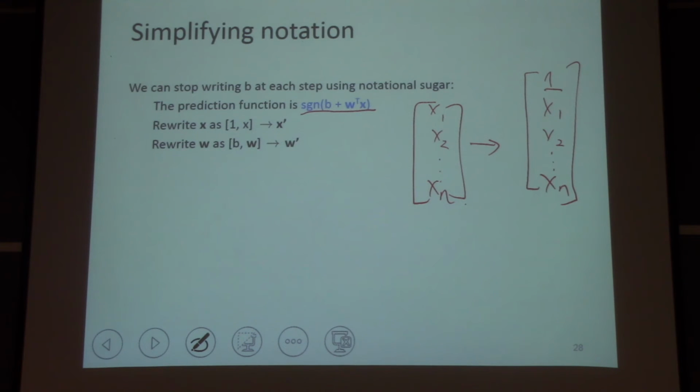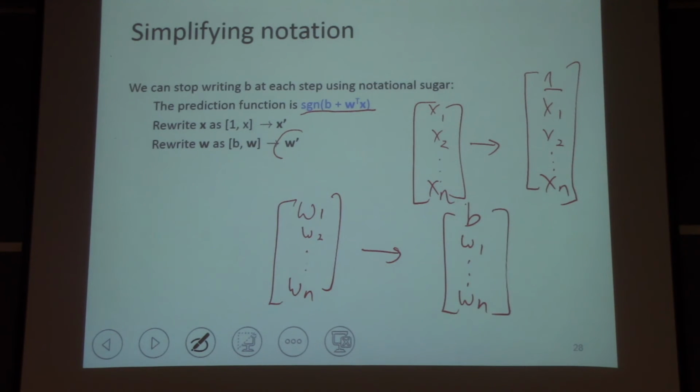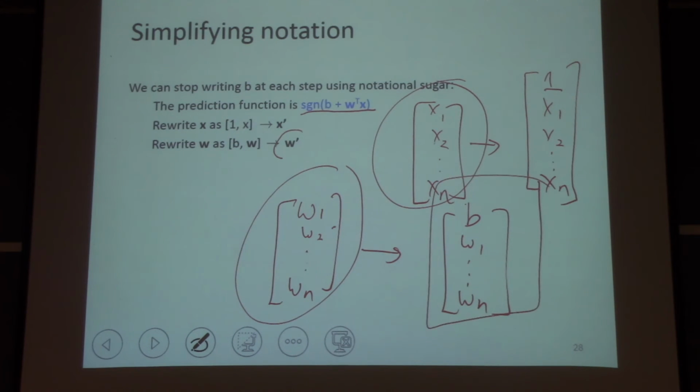And I'm going to rewrite my original weight vector and bias together. My original weight vector looks like this: w1, w2, wn. I'm going to map it to b, w1, wn. I want you to convince yourself that w transpose x, which is the dot product of this and this plus b, is simply the same as the dot product of the new weight vector and the new x.